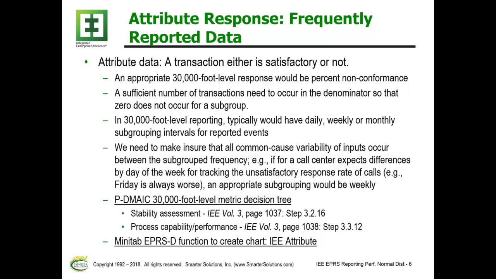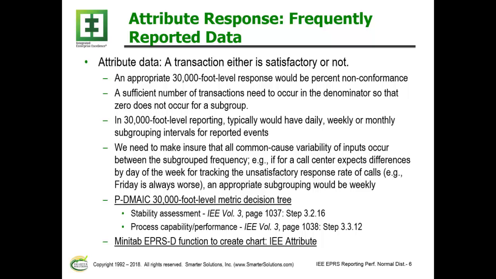Again, we want to make sure that common cause variability occurs between subgroups. So if a call center experienced differences by day of the week, then we would want to subgroup it by week. Now again, we've got a two-step situation, stability and then capability.